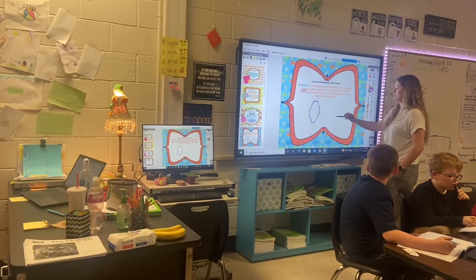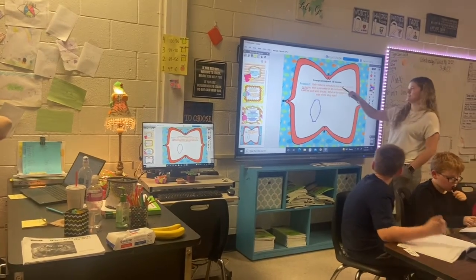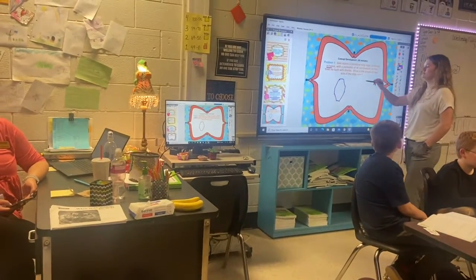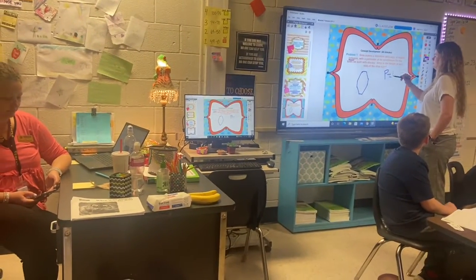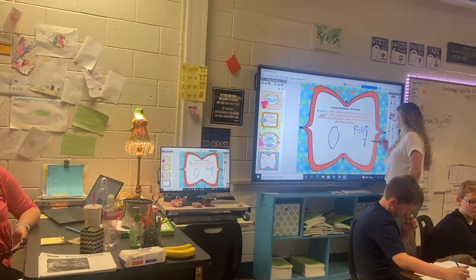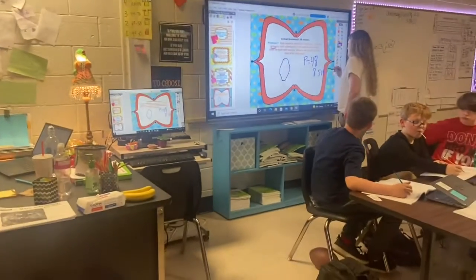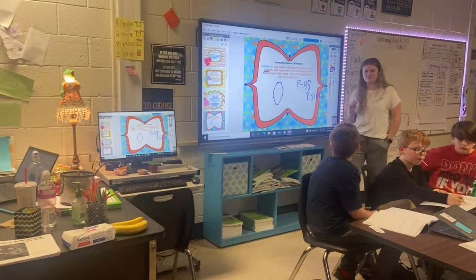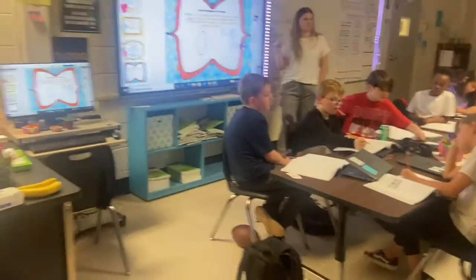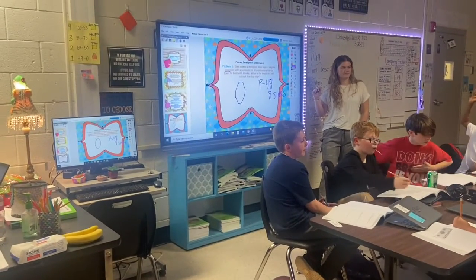And next, let's look at, it says the perimeter is 48 centimeters. So we're going to write that down. And it has 8 sides. So what do y'all think we need to do with the 8 sides and the 48? Divide. Why do we need to divide it? Because it can't be 48 times.